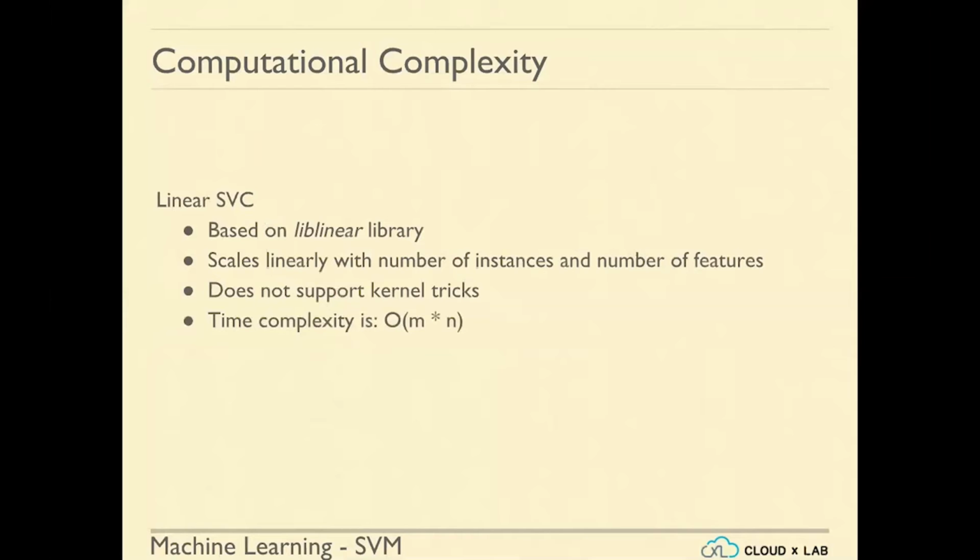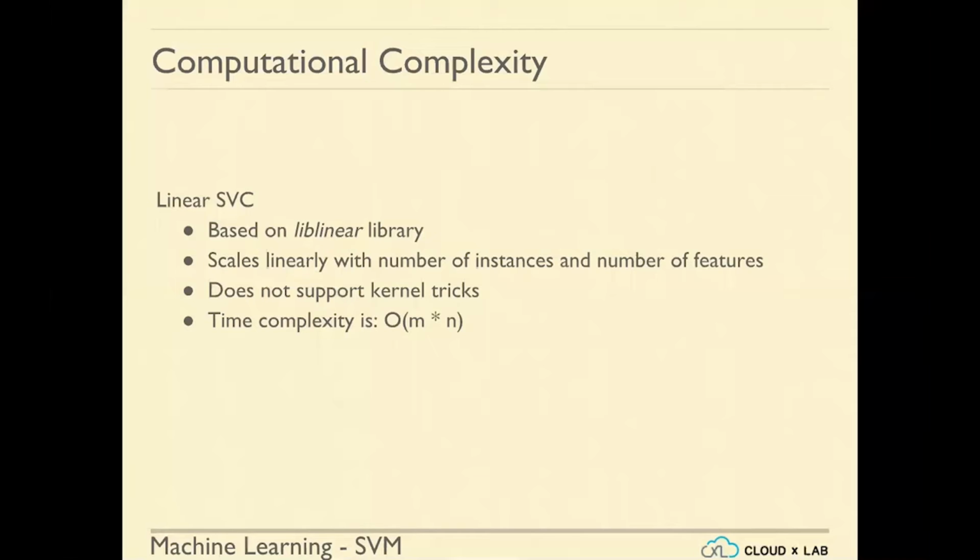So LinearSVC is based on a library called liblinear. It scales linearly with the number of instances and number of features. It does not support any kind of kernel tricks. And the time complexity of LinearSVC is O(m × n). If there are m instances and n columns, the time it takes is O(m × n).